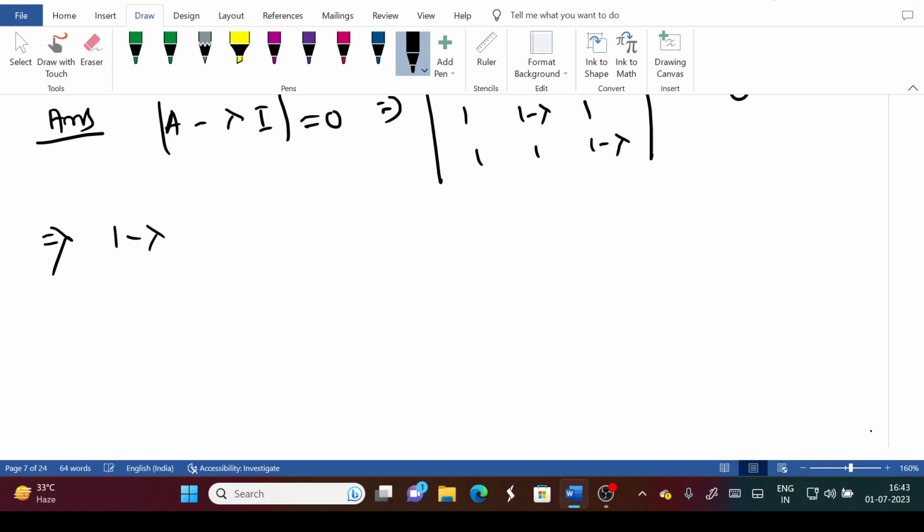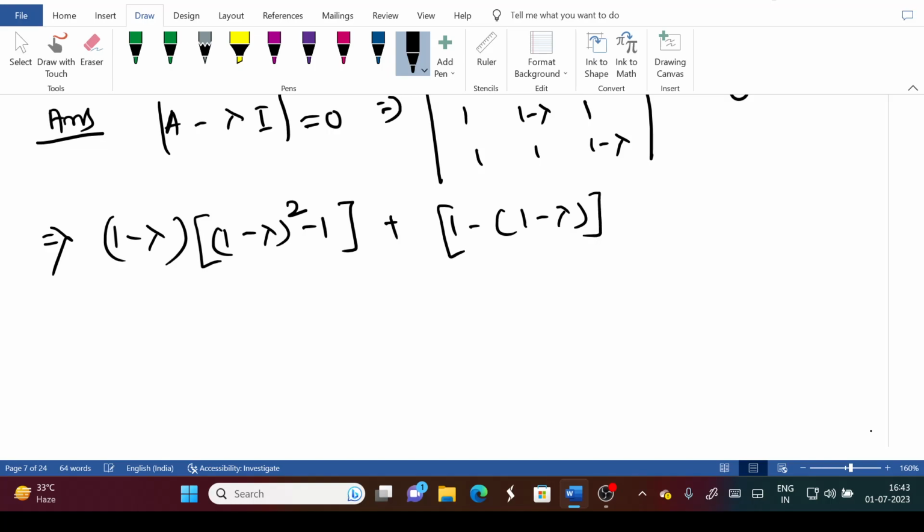Let us just find the determinant and equate it to 0, that is (1 minus lambda) times ((1 minus lambda) squared minus 1), plus (1 minus lambda), plus (1 minus lambda).